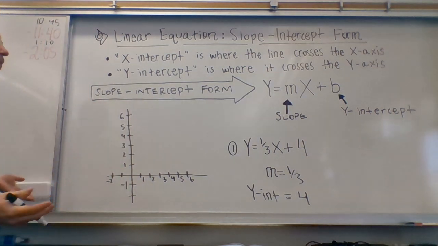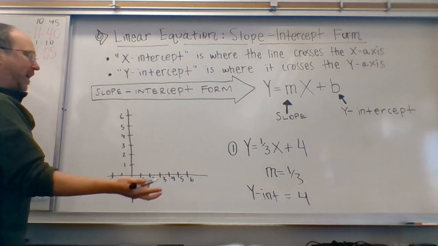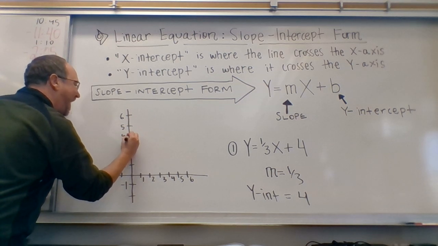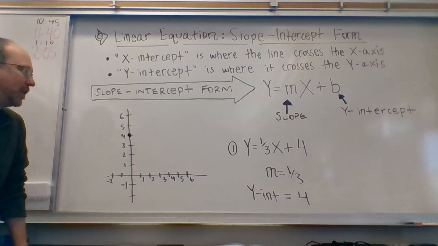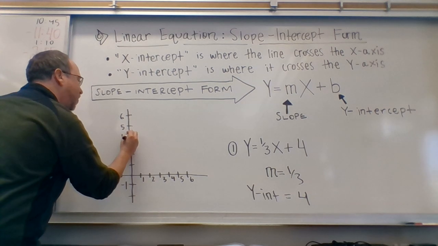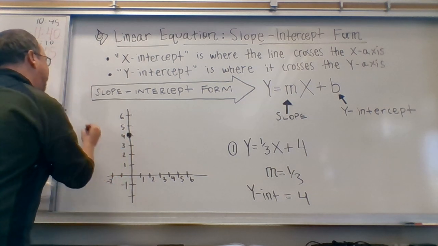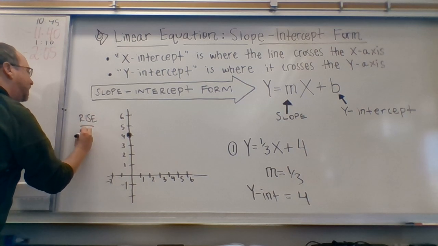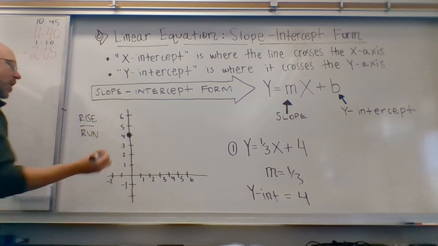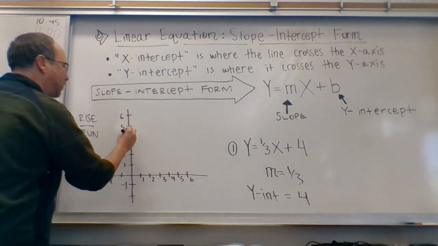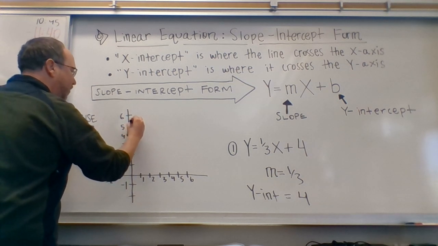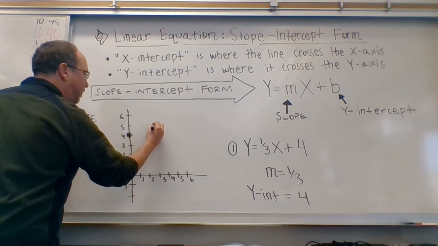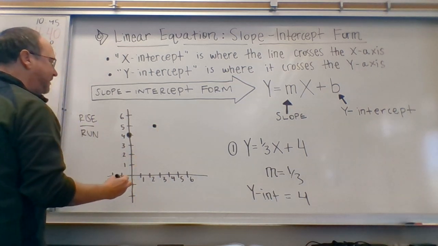So these are brilliant. Why? Because the line intercepts the y-axis at 4. That is a point on the graph, and you can put it on. And the slope is 1/3. Slope is rise over run. So if 1/3 is the slope, 1 is the rise, up 1 over 3, 1, 2, 3. That's another point on the graph.